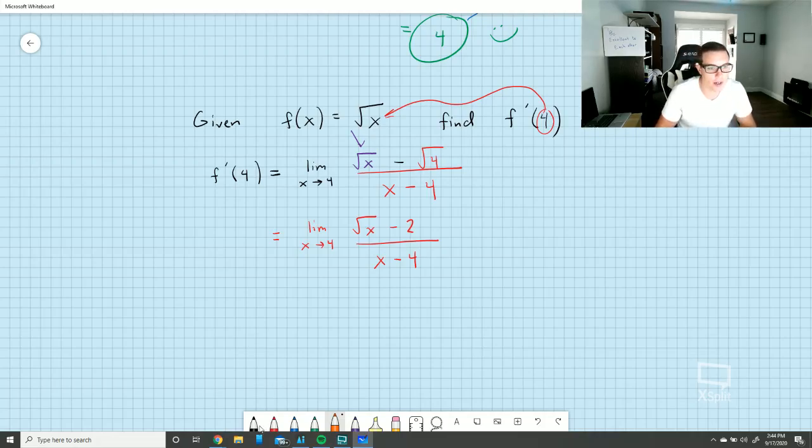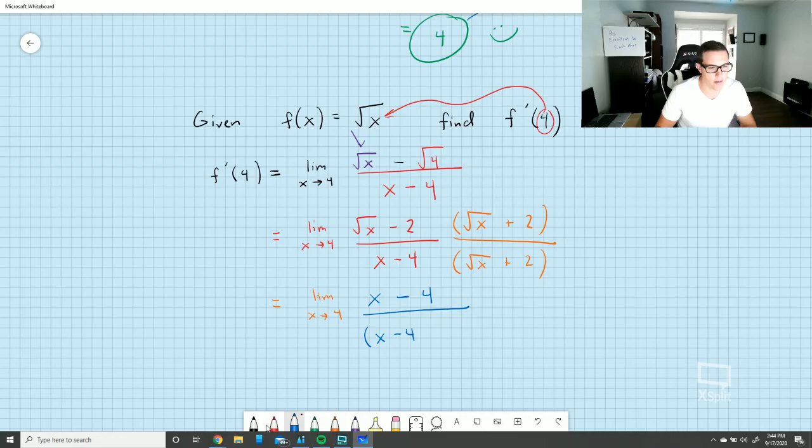And hopefully you recognize that this one, oh my gosh, I can multiply by the conjugate. This time up top. That's why that strategy of the conjugate was so necessary. So in the top, we get root x times root x, which is x. Conjugate middle terms cancel, minus 4, all over x minus 4.